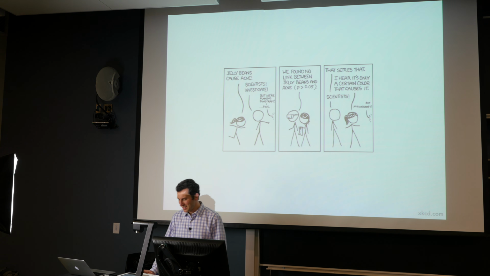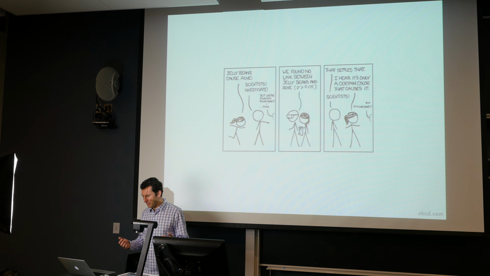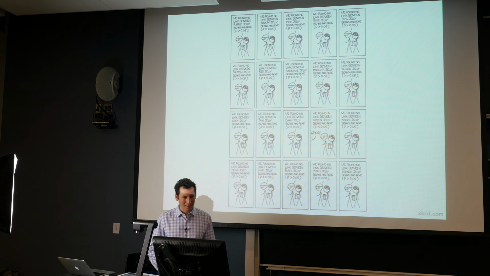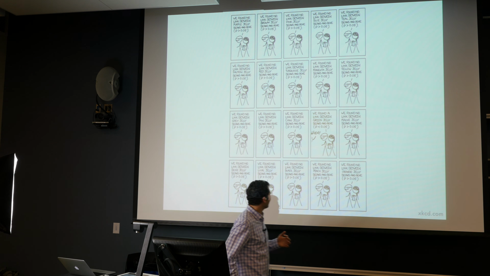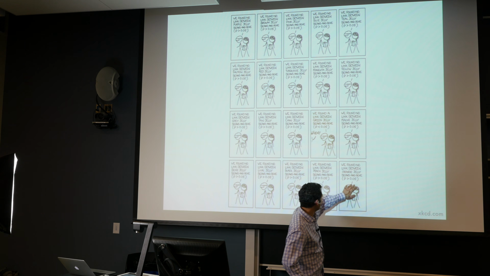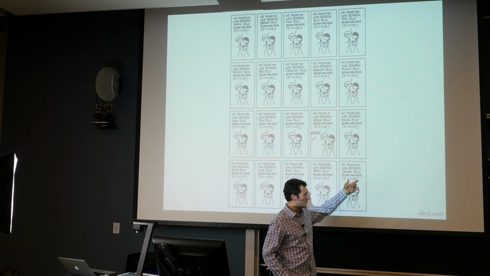So there's this wonderful slide about jelly beans causing acne. Scientists investigate, and, well, we found no link between jelly beans and acne. But that settles it. And then they go and investigate further. I'm not going to read you all the 20 pictures, but basically it goes like, we found no link between pink jelly beans and acne, or orange jelly beans and acne, at a confidence level of 0.05.